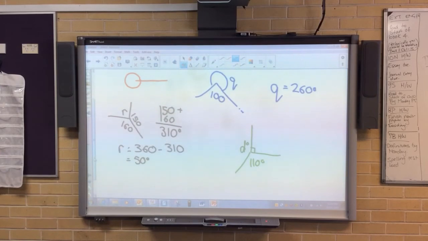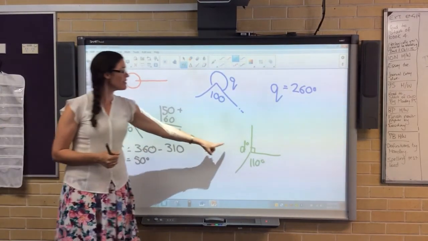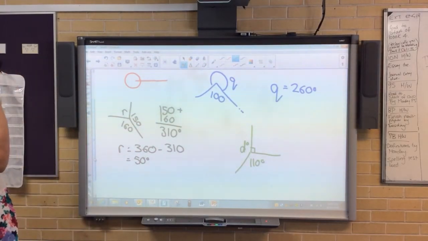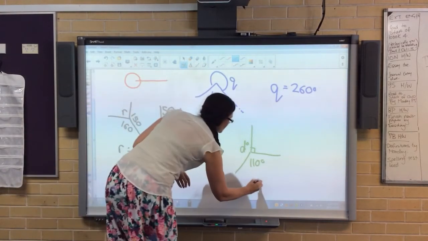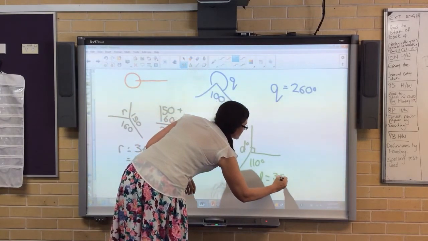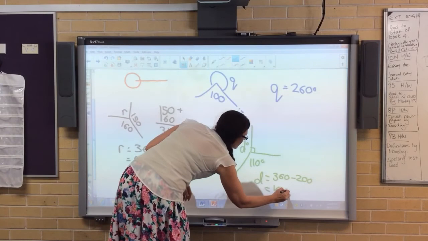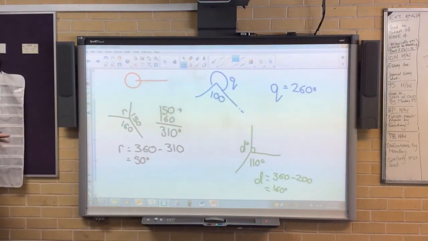What's 90 plus 110? 200. Is everyone happy that 90 plus 110 is 200? Yeah. So to find this missing part is 360 minus 200, which is 160. So 360 minus 200 gives me 160. So they sometimes get a bit trickier because they can fit so many more angles around in the full circle.